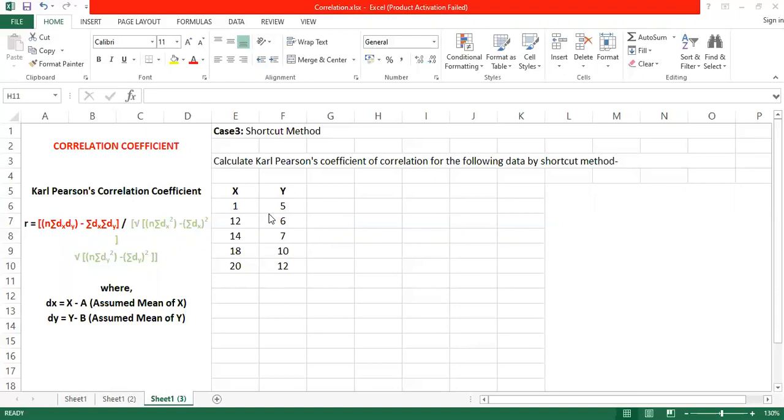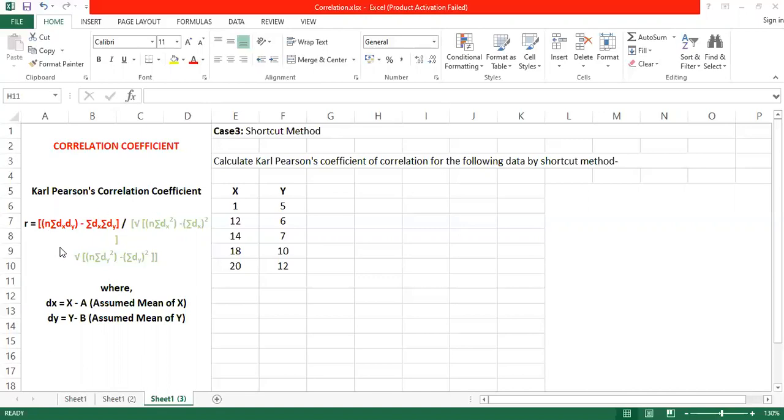But preferably it is used for large values in real-time situations when the calculation needs to be generated very fast. We usually use shortcut method irrespective of whether the values are small or large, right?